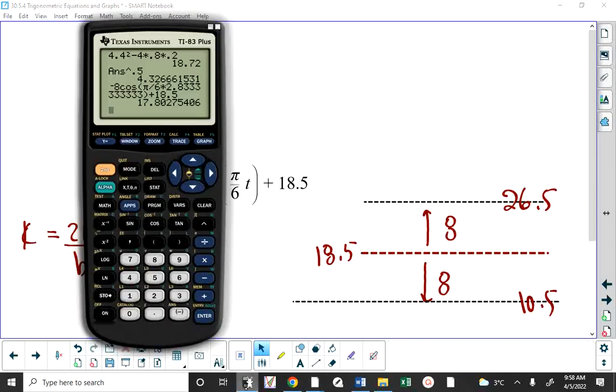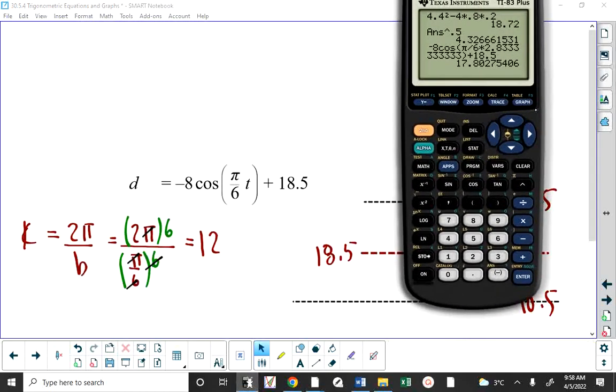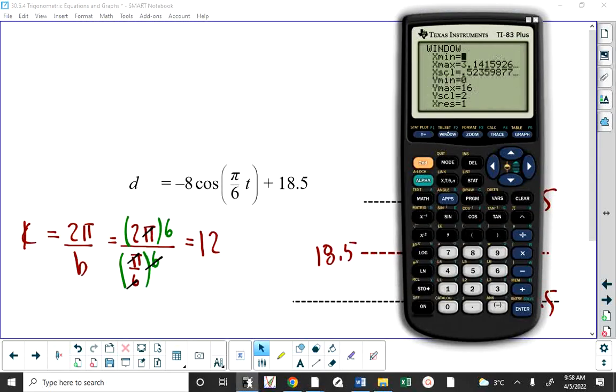So when I set this up in my window setting menu, I'm going to go from 0 to 12. My recommendation is go exactly one period. Don't go a little bit before and a little bit after. It could cause problems. And for my Y min, I'll go 8 to 30.